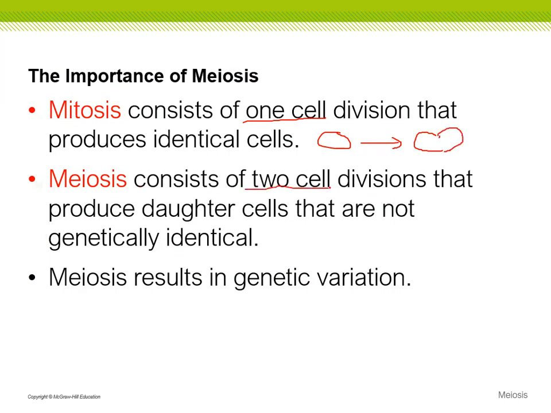Meiosis, however, has 2 divisions. There's meiosis 1, meiosis 2, and it's also creating cells that are not genetically identical. So the difference is, is it creating an exact copy, or is it creating something that's close but new? The big thing here is that meiosis is what results in genetic variation.